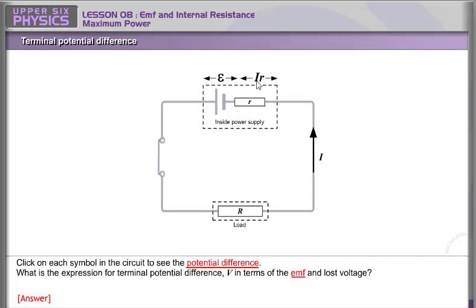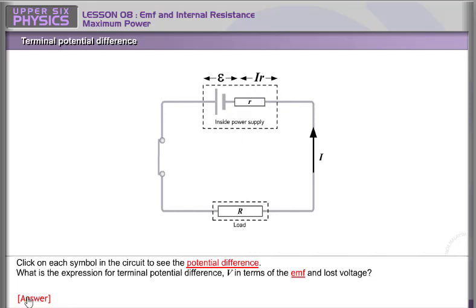What is left is epsilon minus Ir, and that only goes into the circuit. So what is the expression of the terminal potential difference V in terms of the EMF and the lost voltage? What is coming out is V, the potential difference between the terminals.